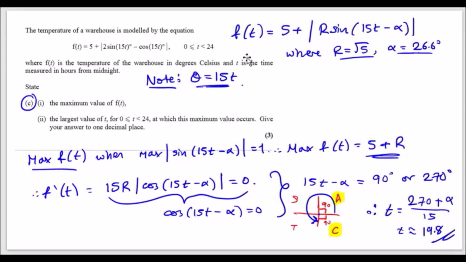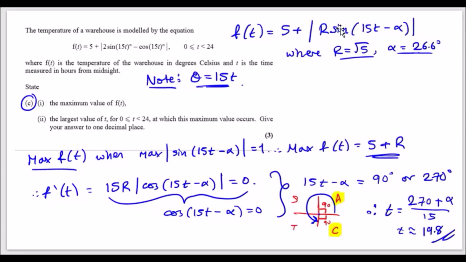So differentiating the equation here, well, 5 becomes nothing. Now, don't worry about the absolute sign. It just means that we're going to guarantee a positive solution. So differentiating this, using the usual sine rules, differentiate the inside, 15t minus alpha, in terms of t, and you should get 15. So that goes outside. You can take r outside as well because it's always positive. So it'll be 15r times the absolute value of the cos term.